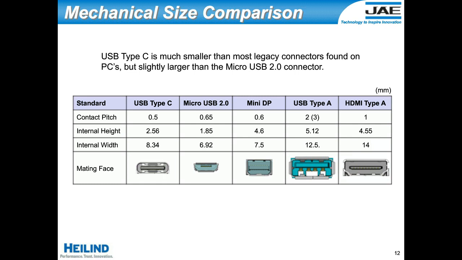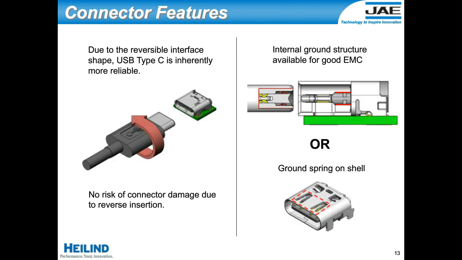So moving on to some of the actual features, these are all basic standard features that you'll find across all USB Type-C connectors, regardless of the actual vendor. The main mechanical feature that USB Type-C is known for is having the reversible structure so that the plug can be inserted in either orientation.